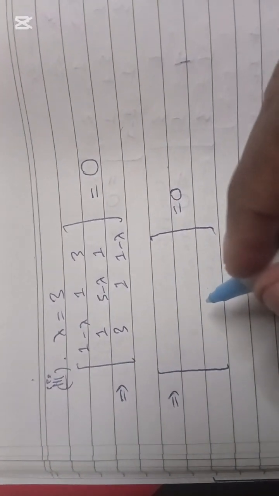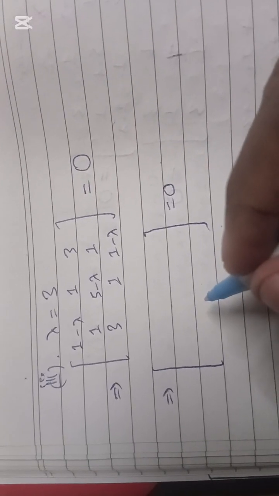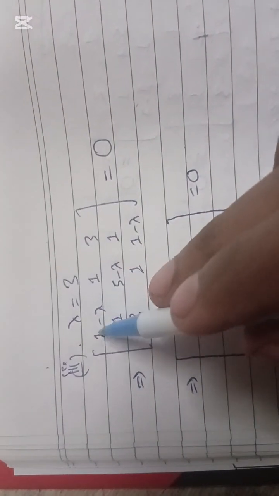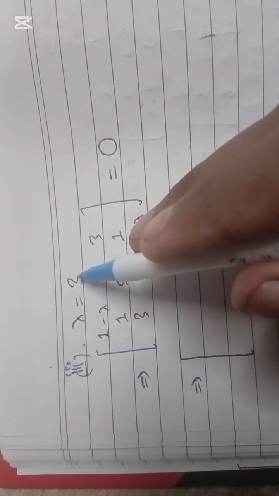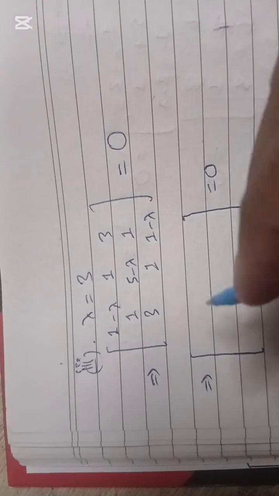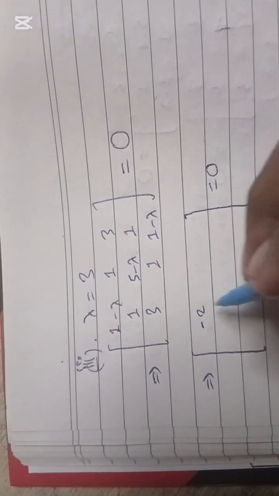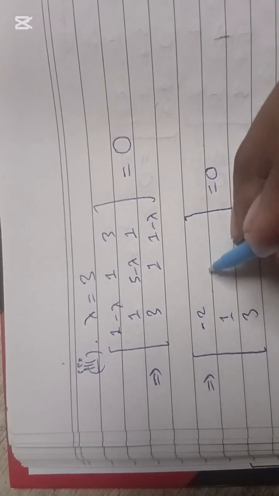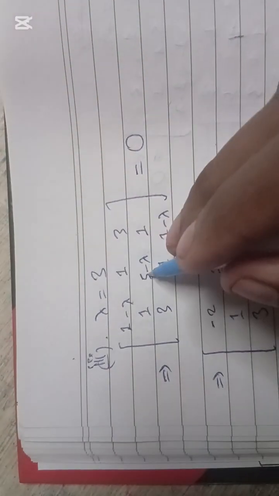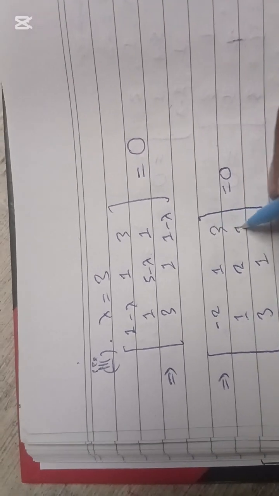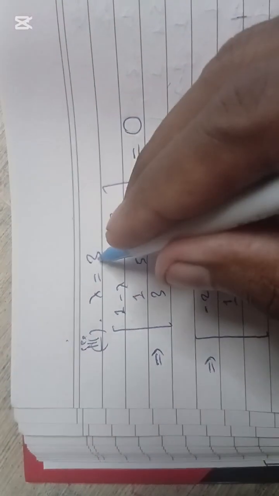Finally, we'll find the eigenvector for our final eigenvalue, which is positive 3. We will just substitute this 3 into these lambdas, and we'll get the simplified matrix. So 1 minus 3 is just minus 2. This one we'll just write down, 1. 5 minus 3 is 2, 1 3 1. 1 minus lambda, this 3, is minus 2.